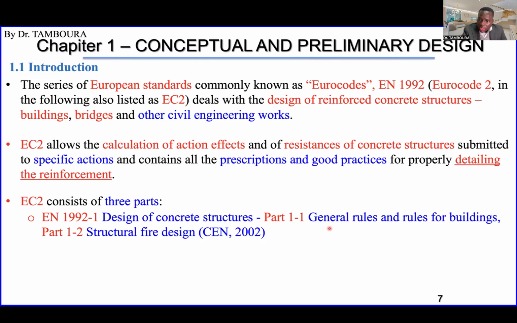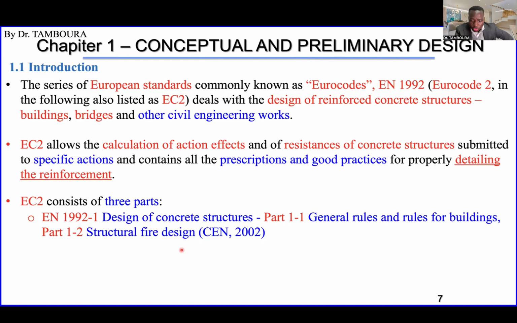The first subsection deals with general rules and rules for buildings, just buildings. And the second subsection is dealing with design against fire. This is the part we will cover in this program, from the beginning to the end, how to design a building.